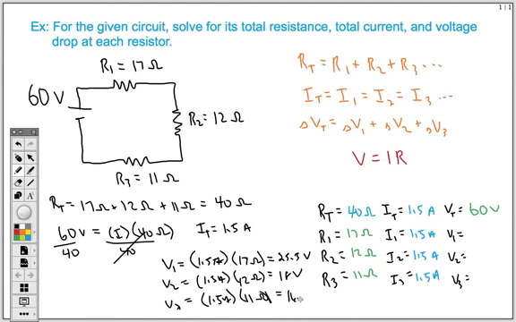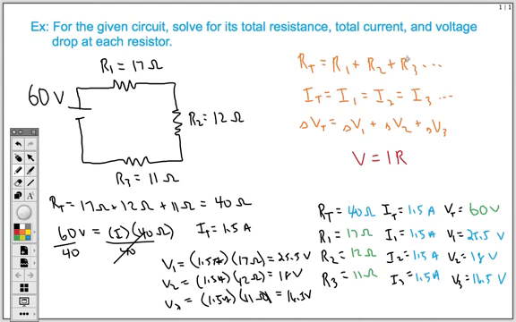16.5 volts. Okay, and so now we can just complete our chart. Voltage drop 1 was 25.5, voltage drop 2 was 18, and voltage drop 3 was 16.5. Okay. So in review, when dealing with these series circuits, we have to keep in mind our 3 rules.